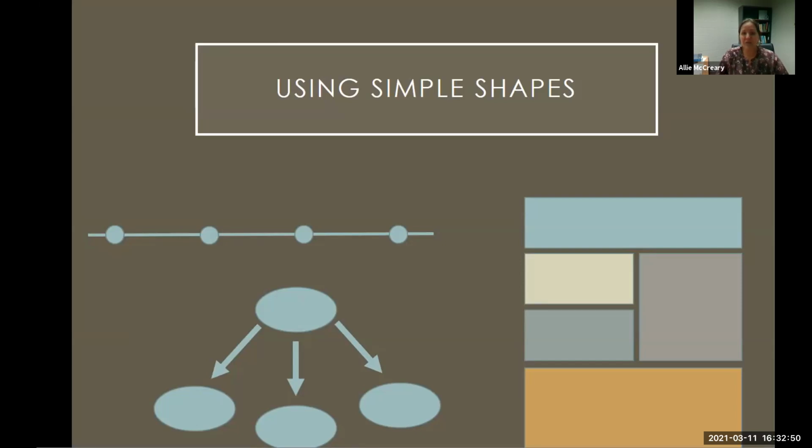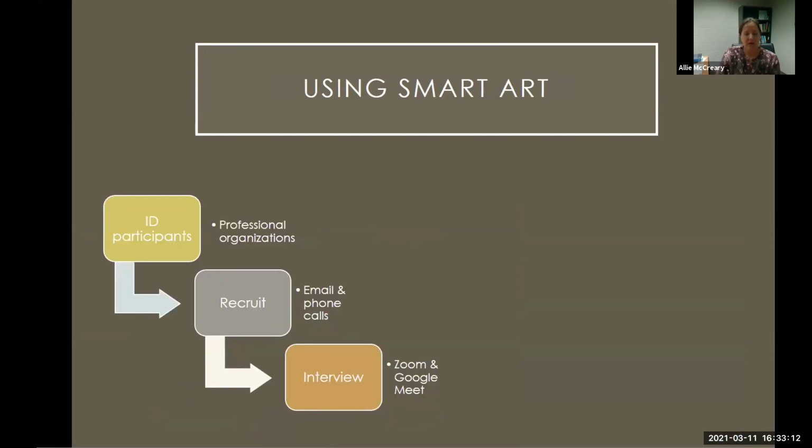These are really simple to do. You just go to Insert Shape, and there are already color schemes that PowerPoint has developed, so you can get some consistency in the colors you're using. They make it really easy to create these shapes and play around with them. You can add text, and adjust the width and depth of these different shapes. So a few examples there.